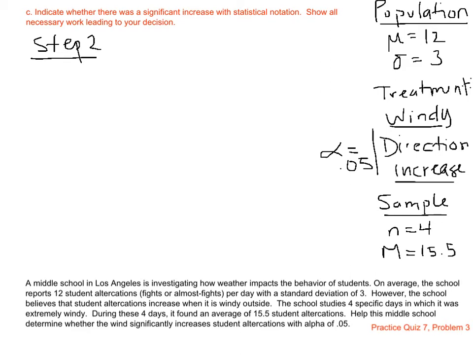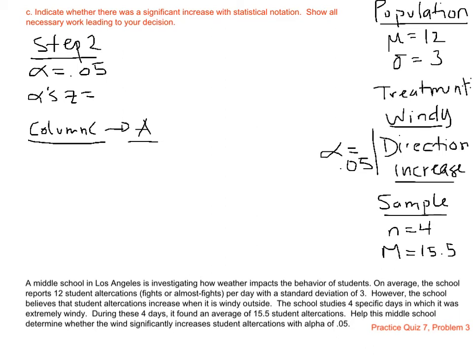From step 2, I need to know my alpha, which is 0.05. I'm going to need to find alpha's z-value. And to do that, I'm going to go to my unit normal table, and under column C, I'll find the alpha and cross-reference it to column A. Since we said that this is a one-tail test, then under column C, I'm going to look up the entire alpha value, which is 0.05.